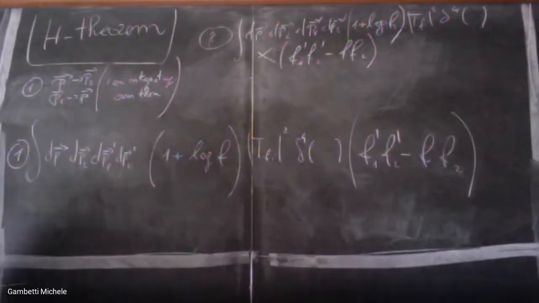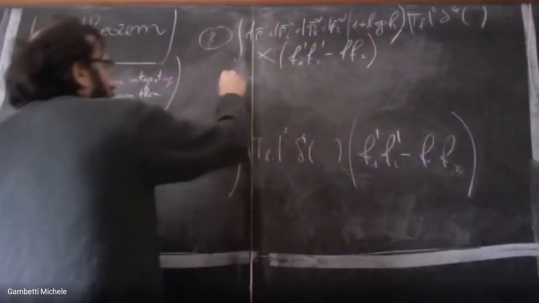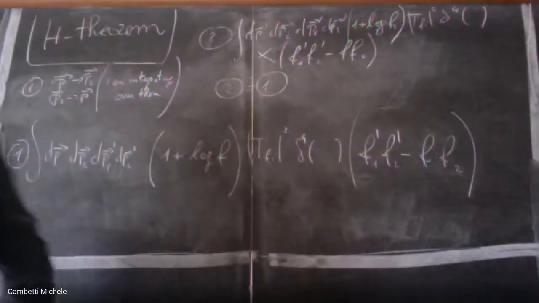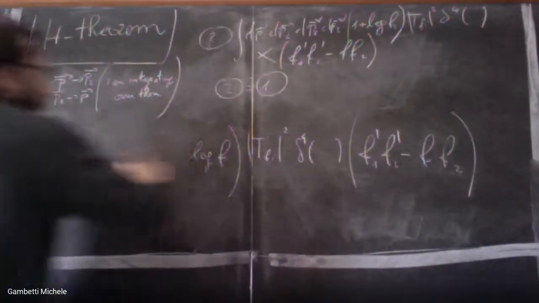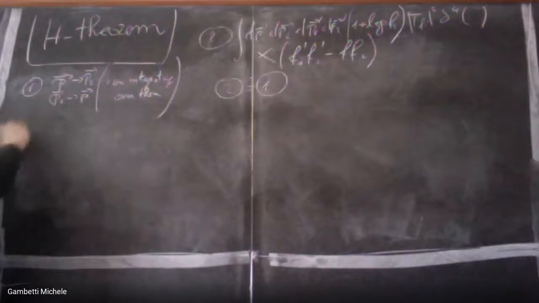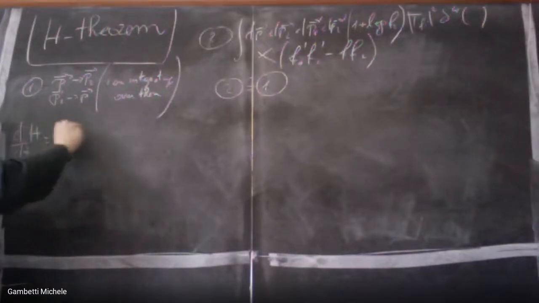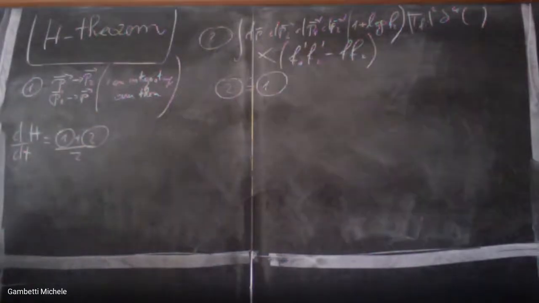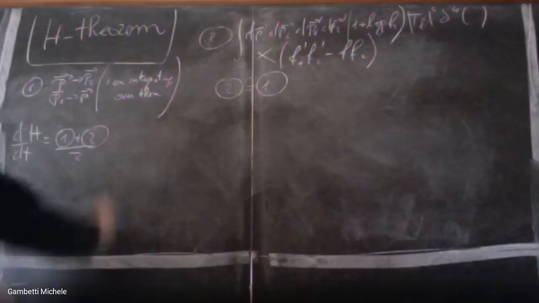So then 2 is equal to 1, and therefore the derivative of h with respect to time is equal to 1 plus 2 divided by 2, because they are the same quantity.